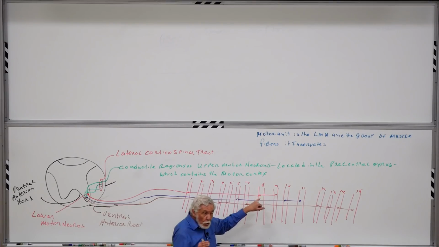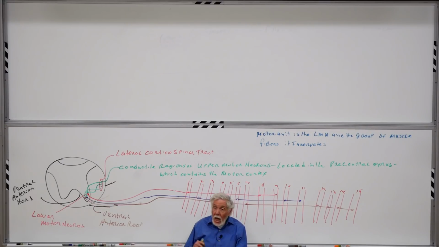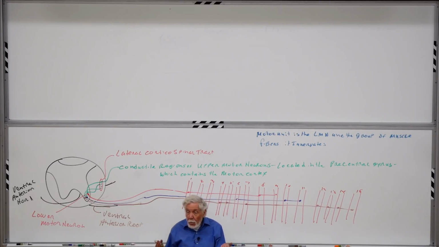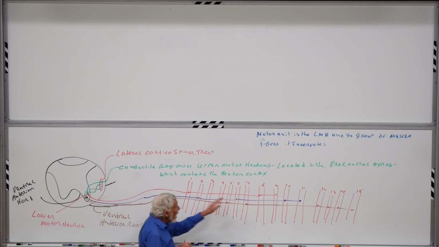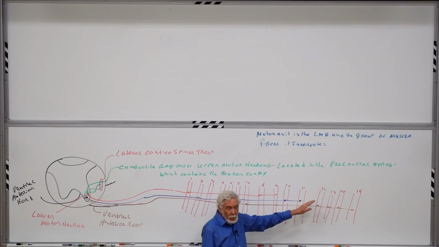So those motor units can control very delicate movements. So when we want delicate movements, we call up the motor units which contain a single lower motor neuron and a relatively small number of muscle fibers.